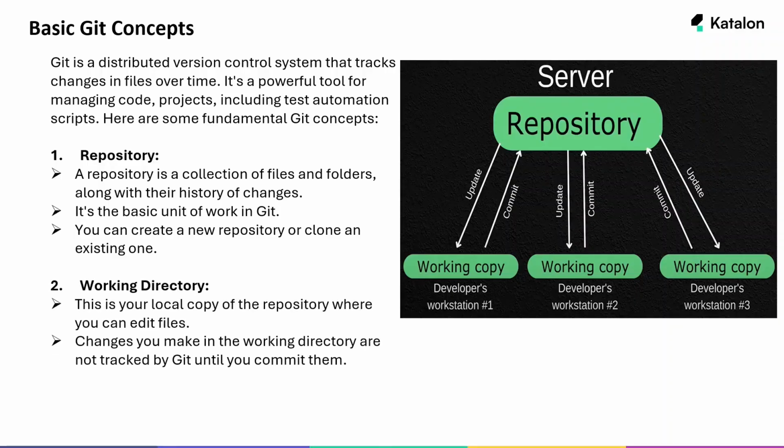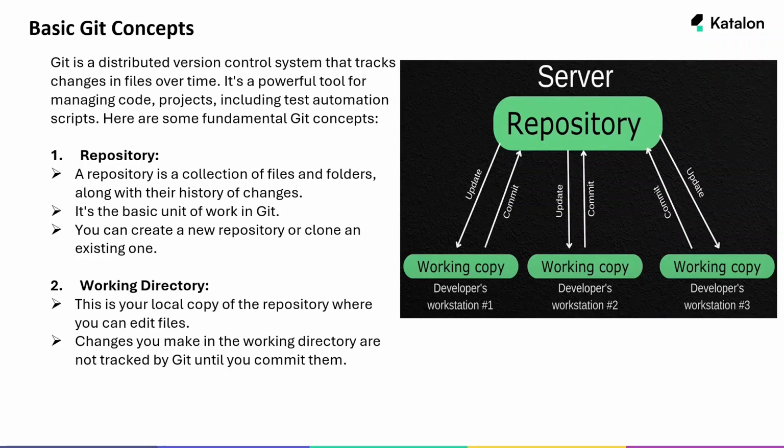The next concept is working directory. So this is your local copy of the repository where you can edit files. That means this local copy sits in your local machine. Changes you make in the working directory are not tracked by Git until you commit them.